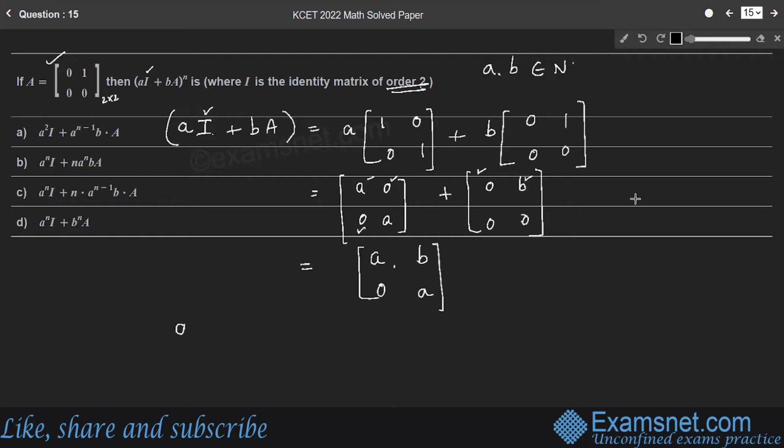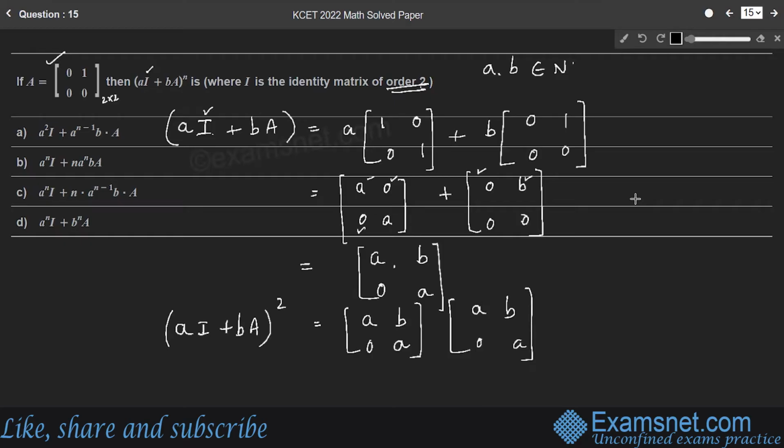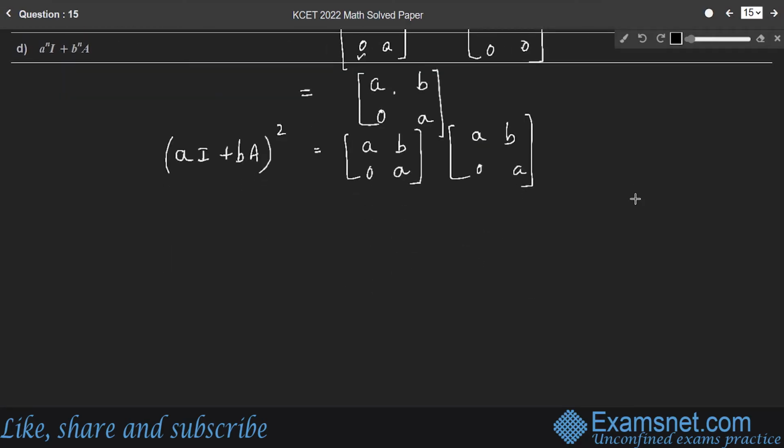We'll consider (aI plus bA) square. So let us increase the power. We'll take the product of aI plus bA, that is a, b, 0, a into a, b, 0, a. The product of two matrices of the same order, 2 by 2.